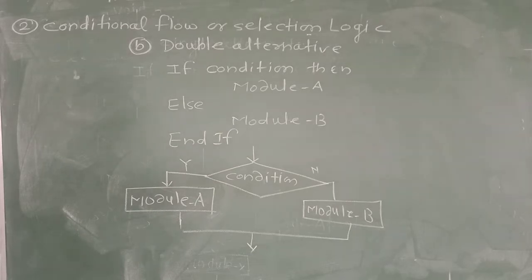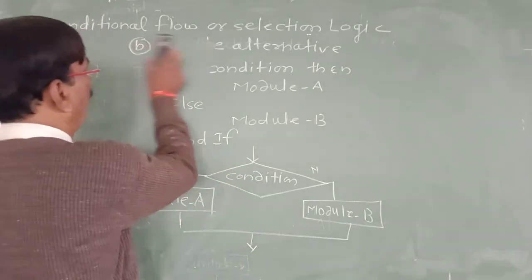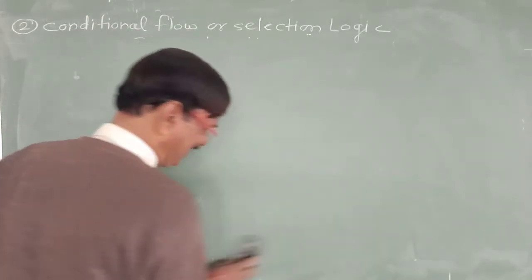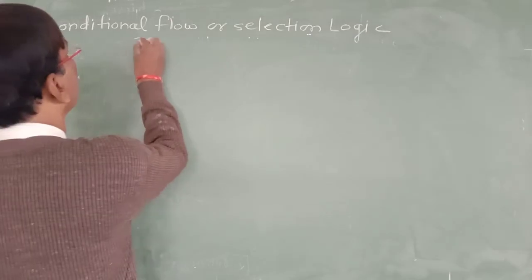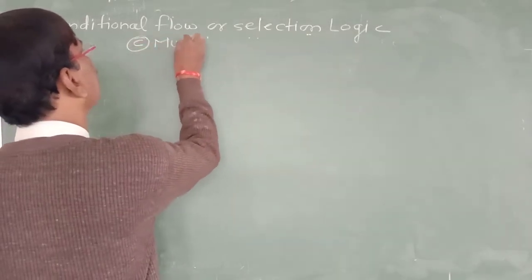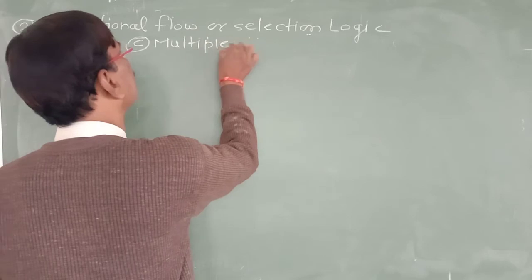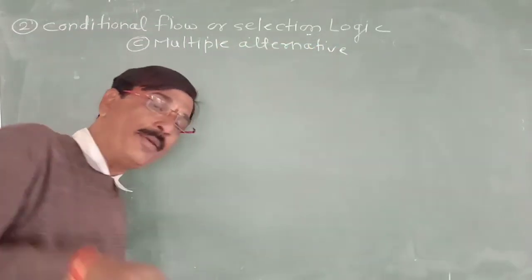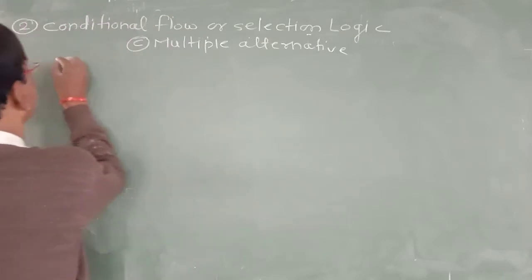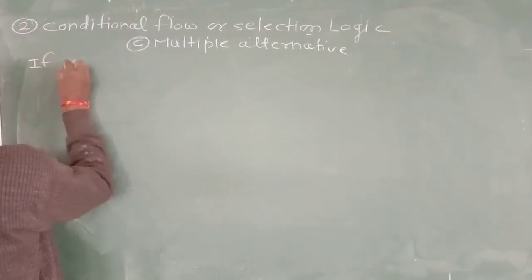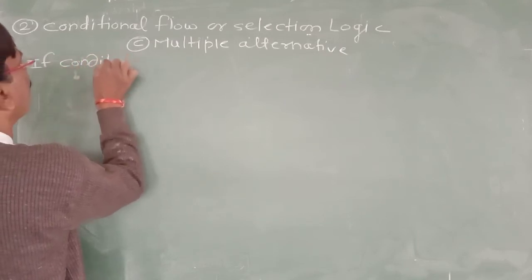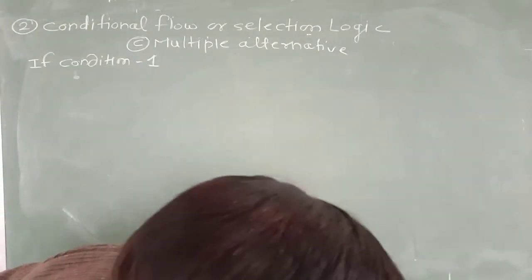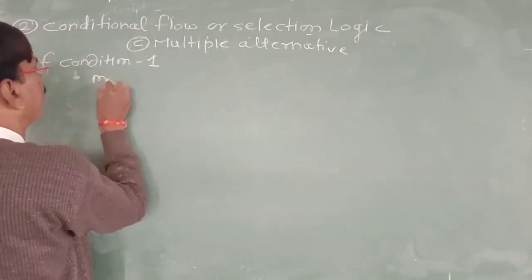Now, C, multiple alternative. How multiple alternatives? If condition 1, module 1.